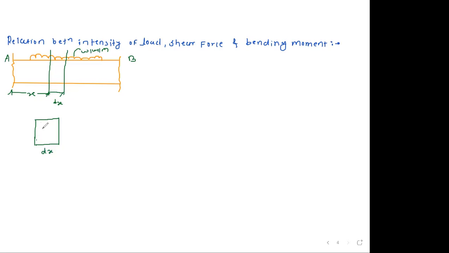Here one shear force will be there. Suppose we assume this is S, and for equilibrium, here S plus dS will be there. After that, we consider one moment here, M, and here another moment, which is called M plus dM.